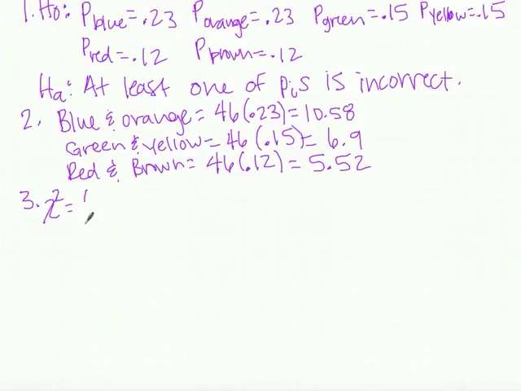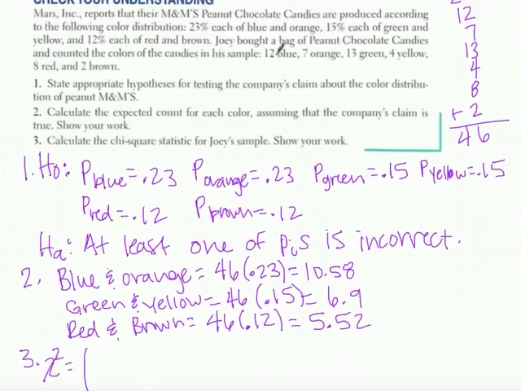For blue, we look at how many were actually in the bag. The blues that were actually in the bag would be 12. So on the top of the fraction you would have the observed minus the expected. We got our expected in question 2, so our expected for blue is 10.58.